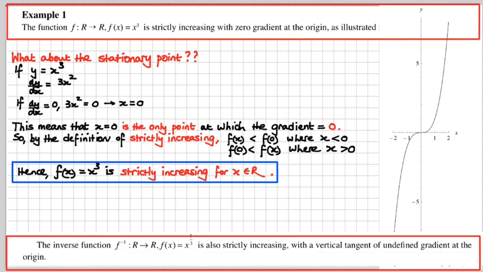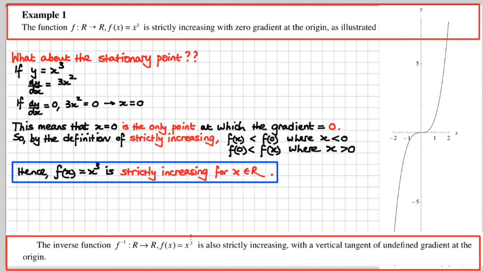Now what's it say down here? The inverse function, such that all real x values map to their corresponding y values where f of x is x to the third. That's the inverse, and that's also strictly increasing. That's interesting. If you drew that out on a graph, you would see that to be the case, with a vertical tangent of undefined gradient at the origin.